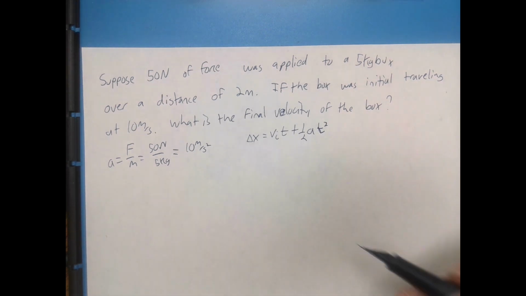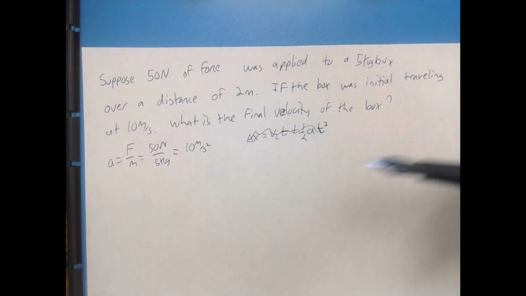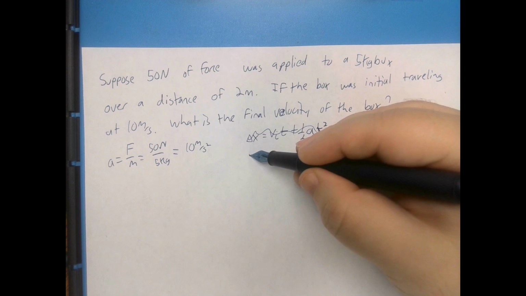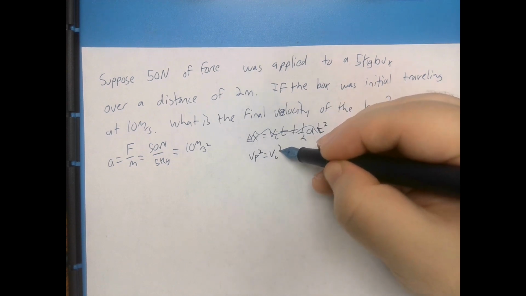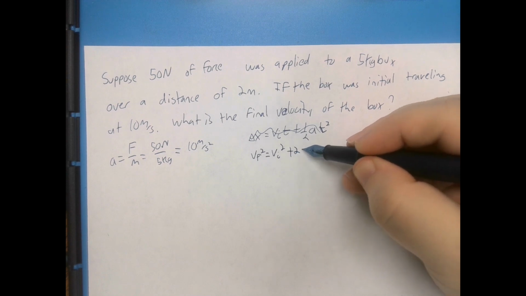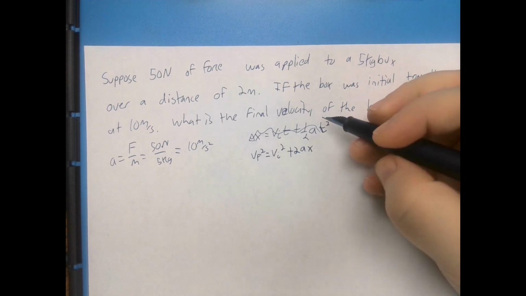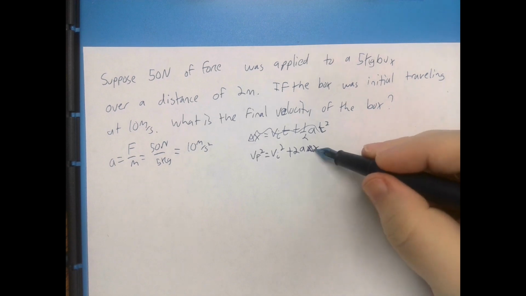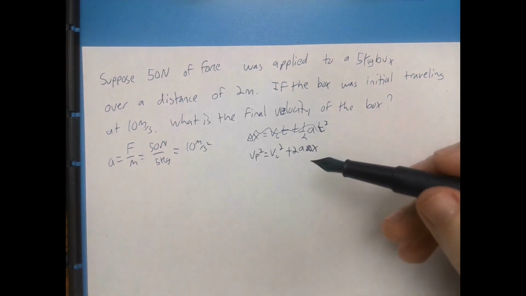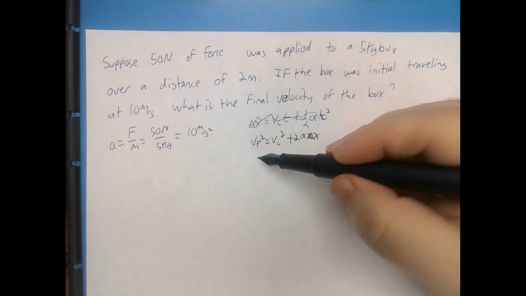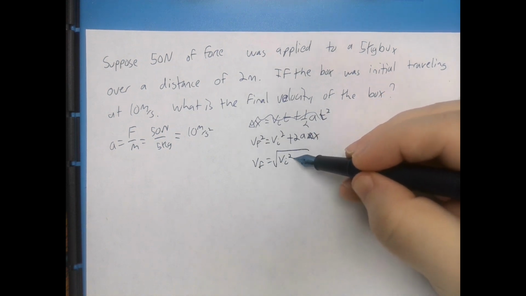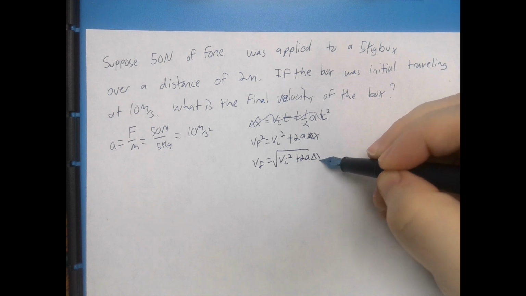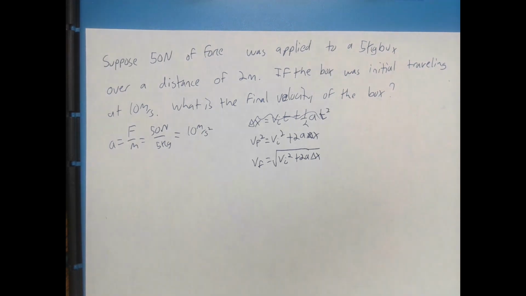We don't know what t is, so we can't really use this one. We can use another kinematic equation: vf squared is equal to vi squared plus 2 times a delta x. So final velocity is just equal to the square root of vi squared plus 2a delta x. We can plug these numbers in and do it.